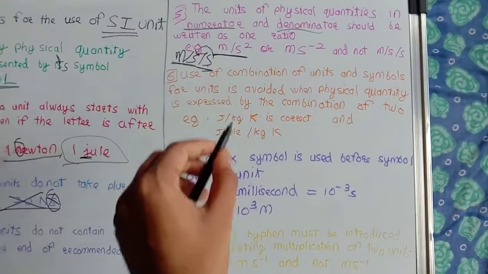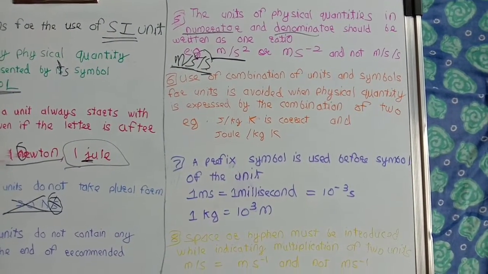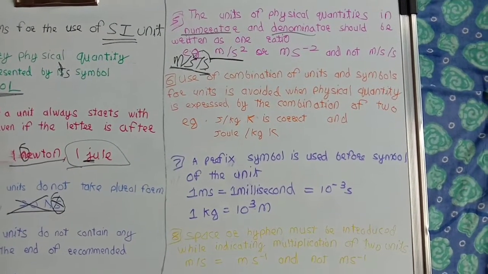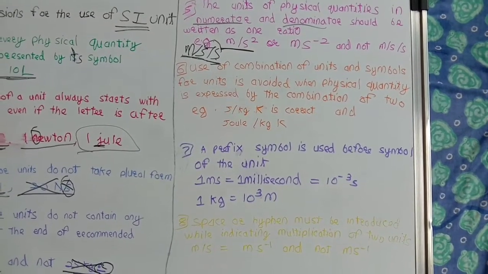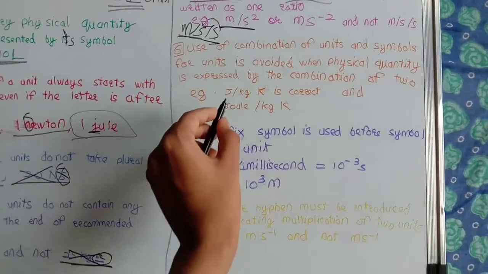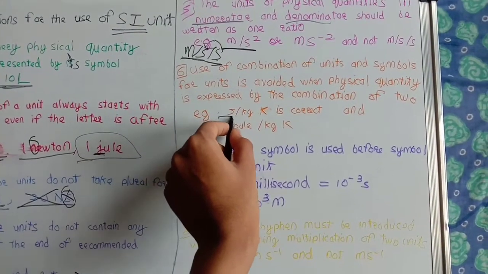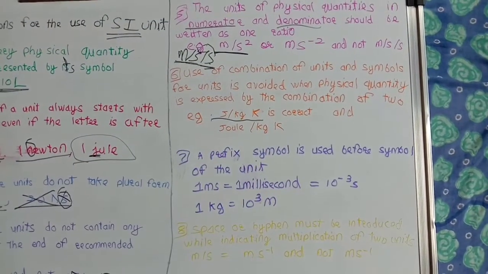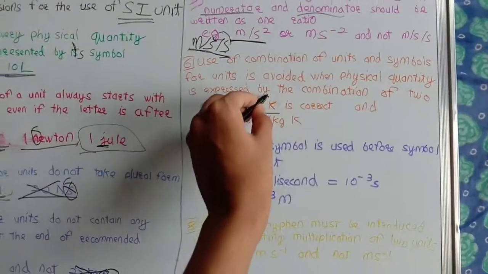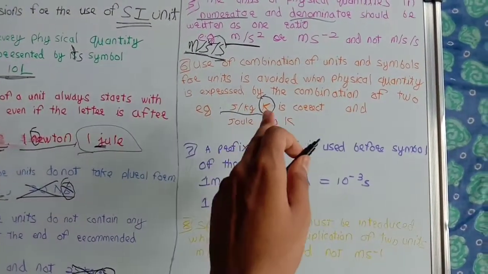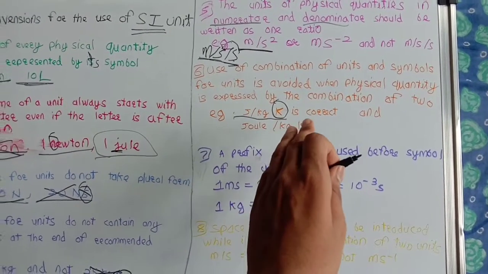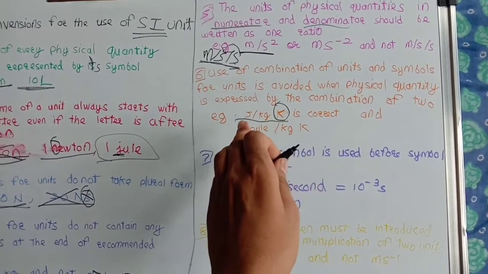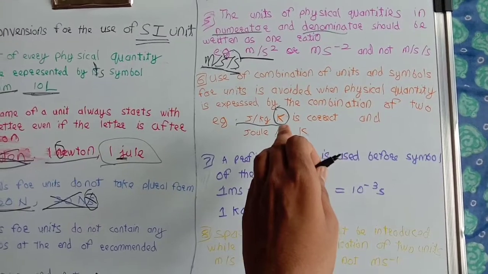Next, the use of a combination of units and symbols for units is avoided when a physical quantity is expressed by the combination of two. Like if we are writing joule per kilogram per Kelvin, which is the unit of specific heat, and Kelvin is the unit of temperature, if we write it like this, J per kg per K, it's correct.